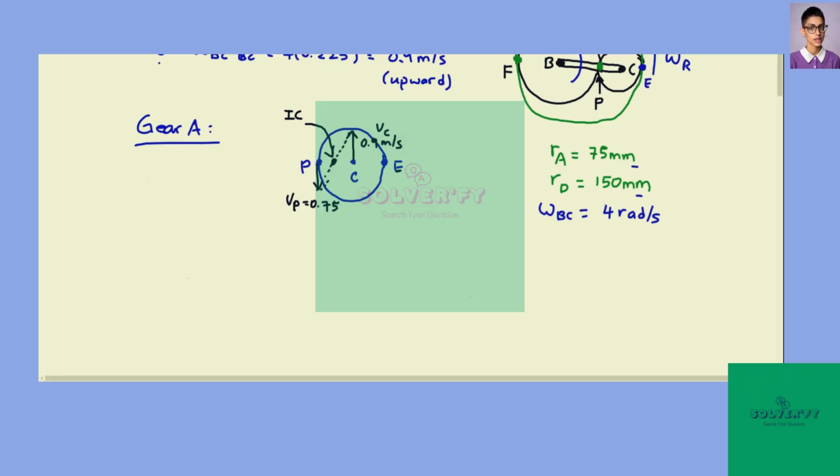So the radius, I'm going to call this x, and then here will be 0.075 minus x.